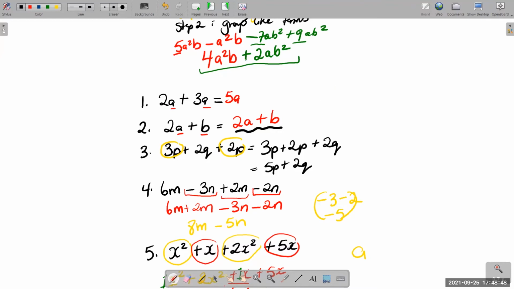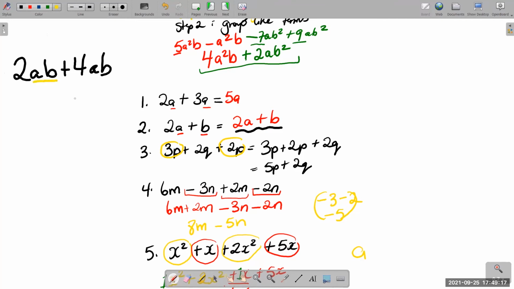So I have a question for everybody. If I had 2AB plus 4AB, first question, can I add those 2 terms? Yes or no? One person responded, 2 persons responded. Can I add those 2 terms? Yes. Why? Look at the variable.